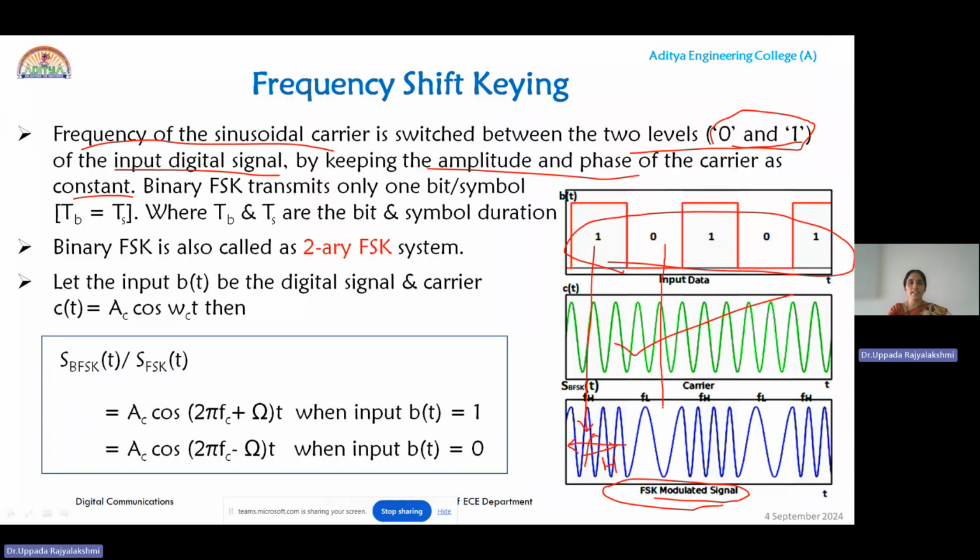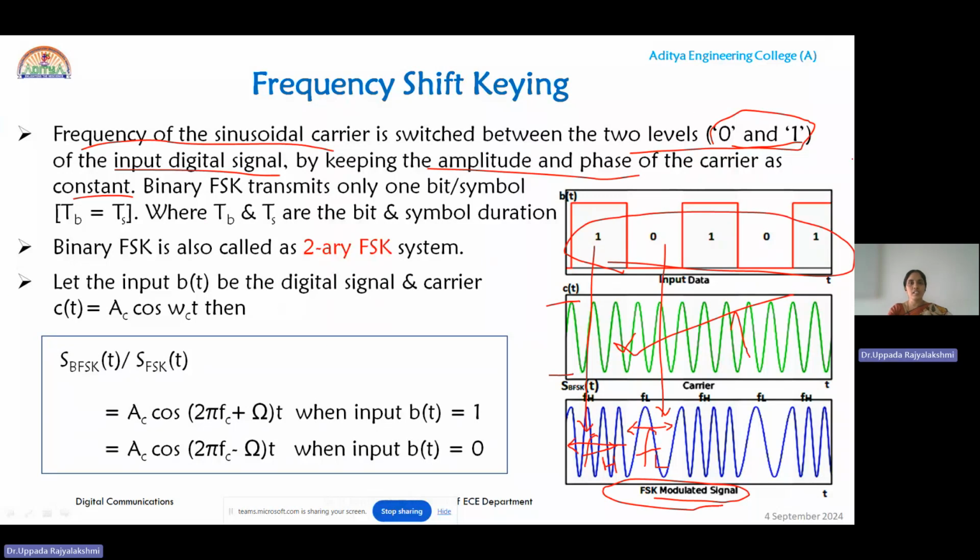Similarly, for 0-bit data, you can see that the frequency of the carrier changes to some low frequency FL, whereby you can see the signal expansion over time. So based on the input signal magnitude, the frequency of the carrier will change, but the amplitude as well as the phase doesn't change.